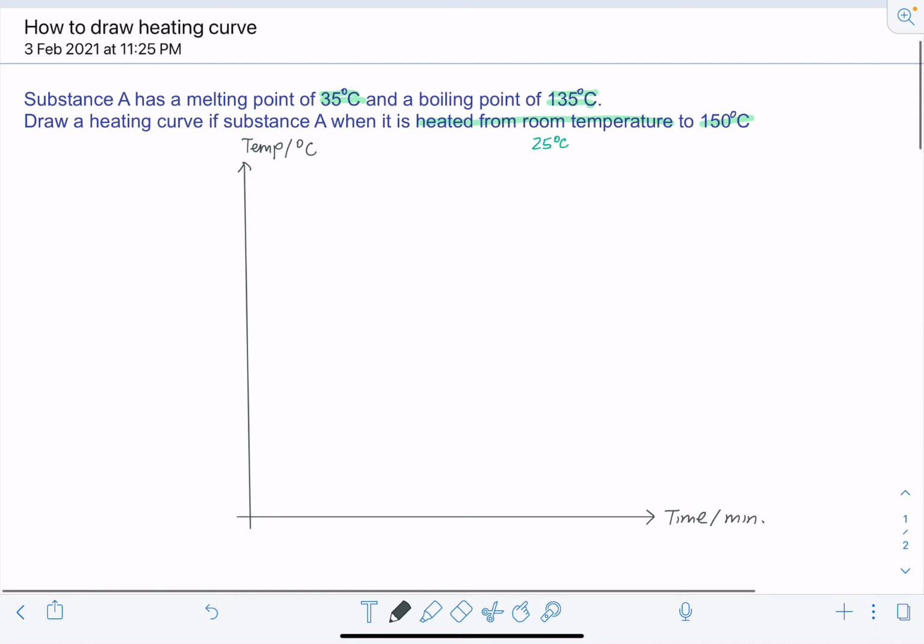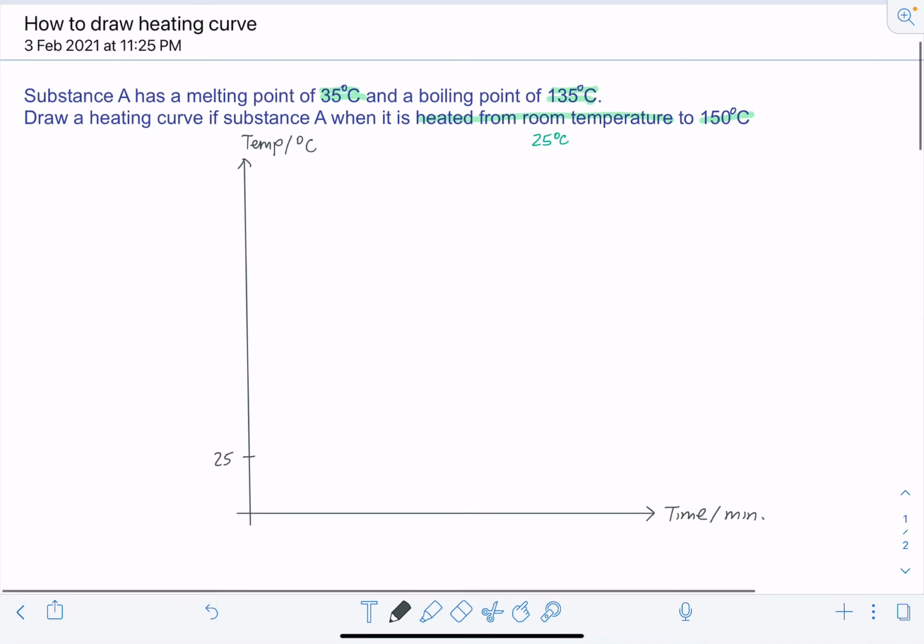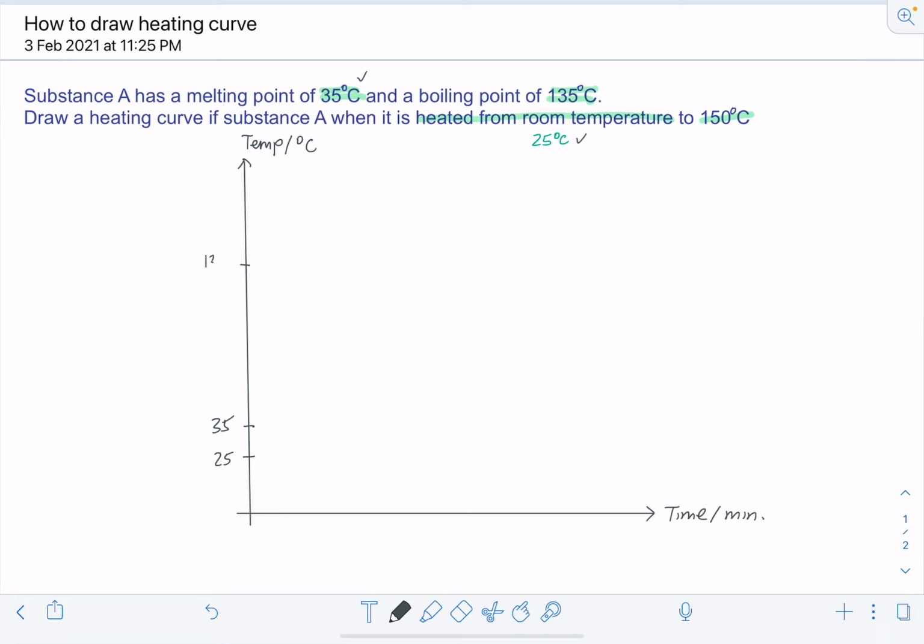First we'll mark down the lowest temperature, which is 25, followed by the next one, 35. Okay, so I'm done with this and this. Now we'll continue with 135 and 150. This will be the temperatures that I need to take into consideration when drawing my graph.